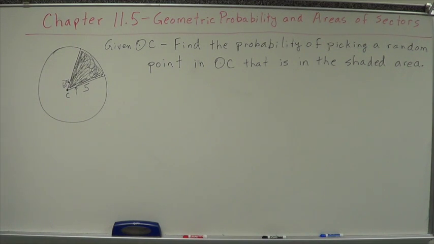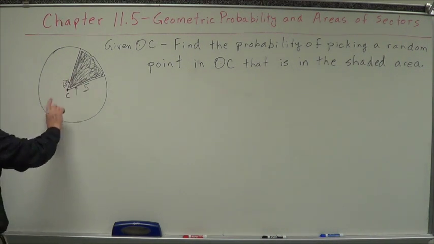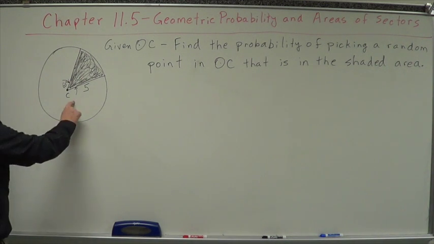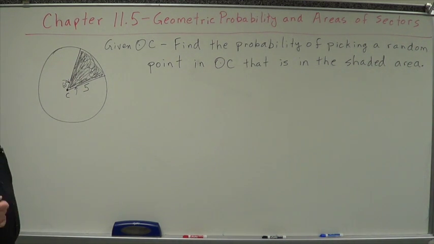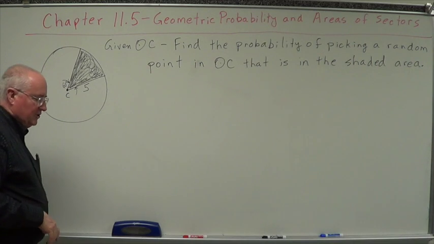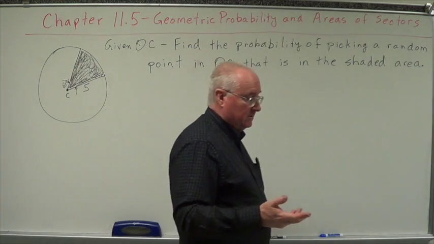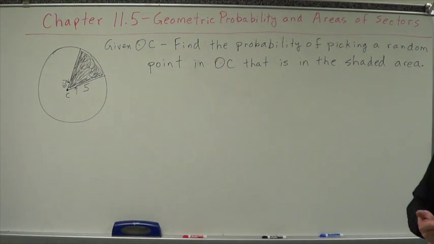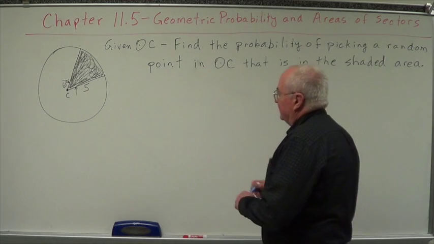Now how many degrees are in the entire circle if we go all the way around? Yeah, 360. So we're taking up 60 degrees of that 360 degrees. We're also given the radius of 5. So what we can do is figure out what the area of that circle is and then figure out what the area of that particular space is.